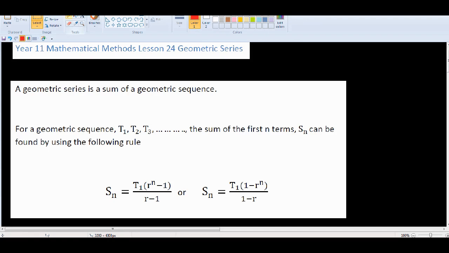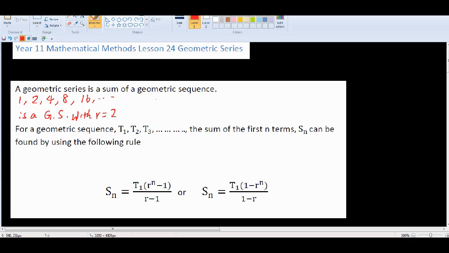For example, we know that 1, 2, 4, 8, 16 is a geometric sequence, right? Because it has common ratio 2, every time times 2.